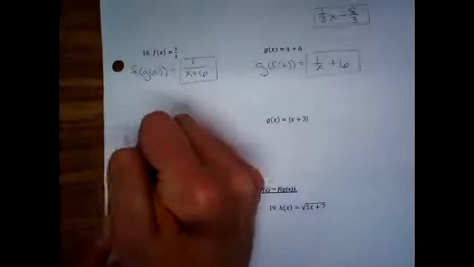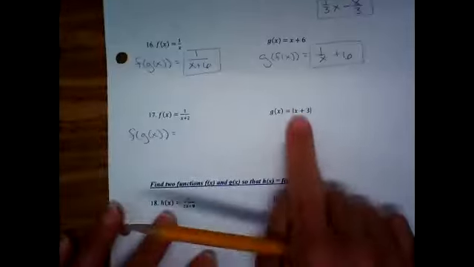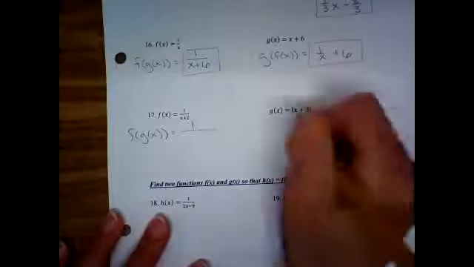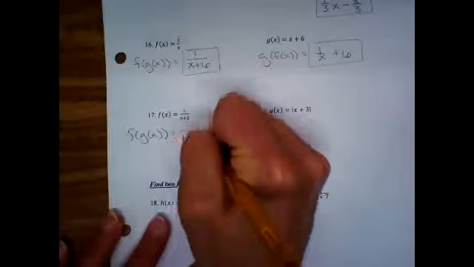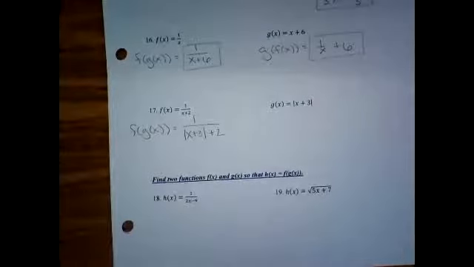All right, and then last one of these, f of g of x. This square root, absolute value of x plus 3 is going to get plugged in over here. So it is 1 over absolute value of x plus 3 plus 2. Can you do anything else there, or do you just have to stop?